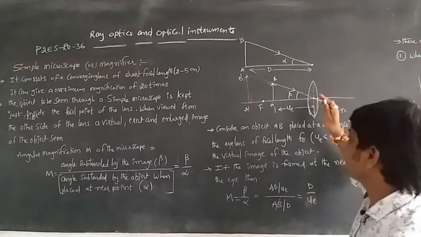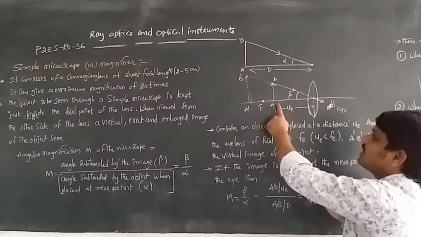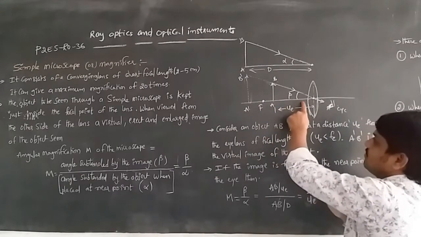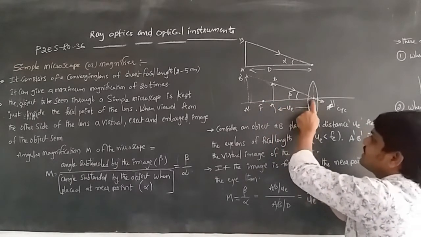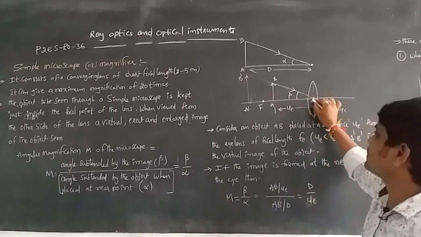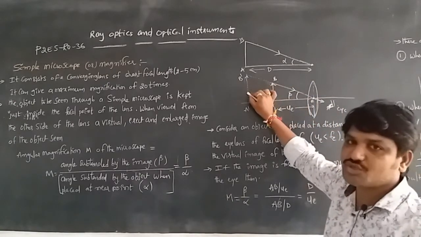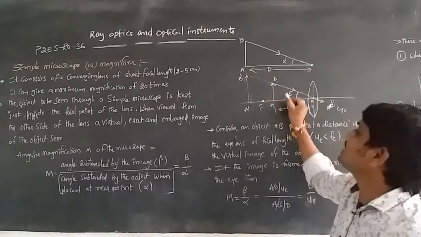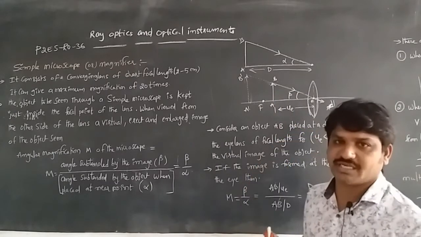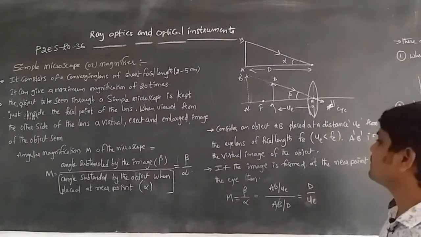That is, when the object is placed before the lens, between the focal point and the optical center, we get a magnified virtual erect image on the same side as the object.